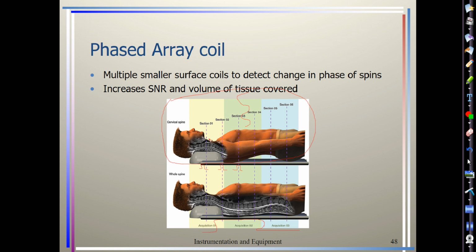But if you're just receiving signal in a very specific area, that's beneficial because you're only looking at that body part. But if you happen to accidentally activate some of these other coils, we'll get to a unit called artifacts. The signal coming from this part of the patient's body can actually wrap into our image. And that's called wraparound artifact. So you want to be sure that you're only selecting the coils located near the area you're scanning.